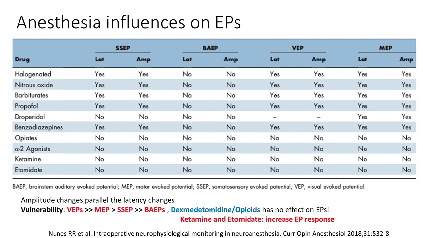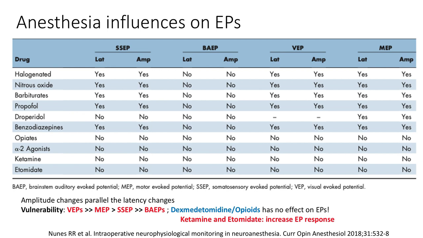The most resistant ones are the brainstem auditory evoked potentials, the BAEPs. The motor evoked potentials are more easily abolished than the SSEPs. At a volatile MAC of like 0.5, MEPs are almost unreadable or not reliable for sure.